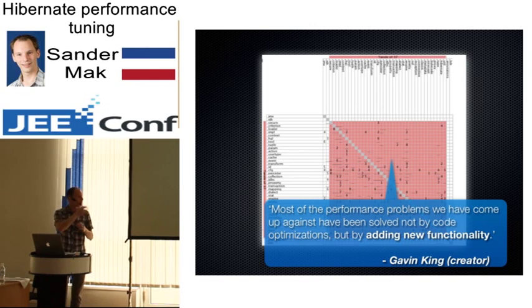But another interesting thing, also said by Gavin King in an interview, is that most of the performance problems encountered by people using Hibernate couldn't really be solved by tuning the existing code in Hibernate. So what we do instead is expose additional functionality, which of course exposes more of the native capabilities of the database to the developers using Hibernate.